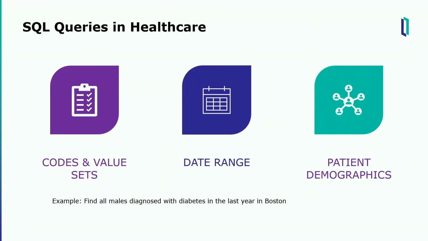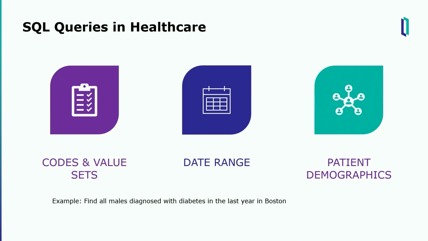So healthcare. Why is healthcare somewhat different when it comes to queries and query performance? Well, a lot of data in healthcare has codes, as many of you probably know. There's diagnosis codes, lab results have codes, medications have codes. So you need to know how to use codes and how to speak that language, and we'll talk a little bit about that. You're very often looking at date ranges.